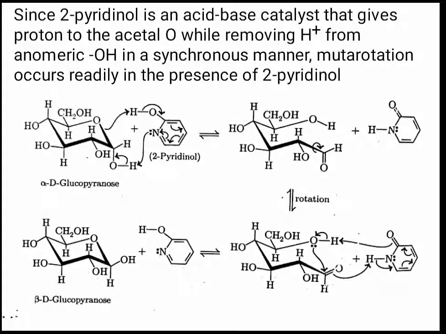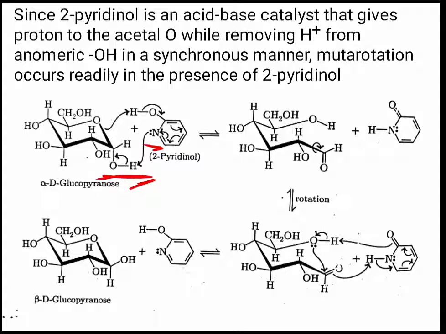Now mutarotation is also possible in the case of 2-pyridinol. Since 2-pyridinol is an acid-base catalyst that gives a proton to the acetal oxygen while removing H+ from the anomeric hydroxyl group in a synchronous manner, mutarotation occurs readily in the presence of 2-pyridinol. In the case of 2-pyridinol, at first this nitrogen lone pair will attack this anomeric OH and take up a proton.